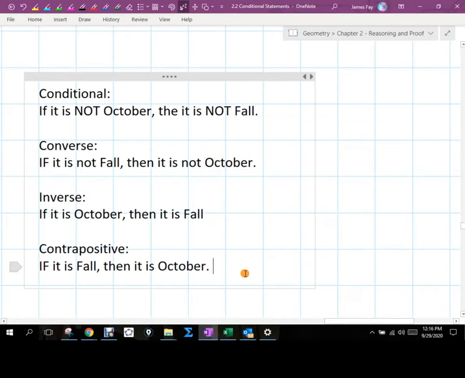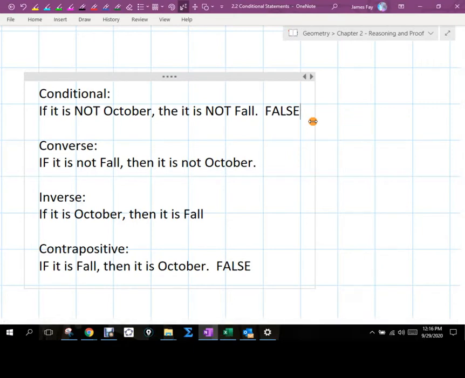Is that true or false? Can you find a counterexample there? That's false, right? We have counterexamples: September, November. This is false. So what does that tell me about the conditional? Automatically false. And now I know for certain that there is a counterexample for that original conditional, and it's going to be the same counterexample that we were able to use in our contrapositive.